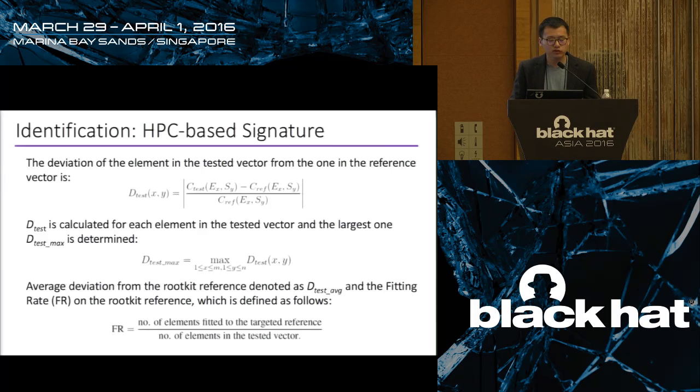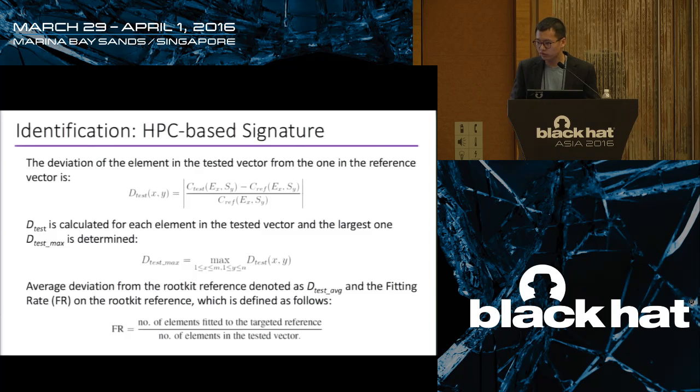Then we use similar metrics to try to identify the malware. The first equation is similar to what I showed earlier. It's a deviation equation. The second one, dtest underscore max, is basically that when we run a number of tests, we don't compute the average, we find the max deviation value, right?